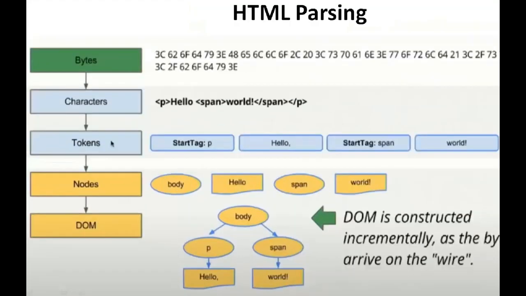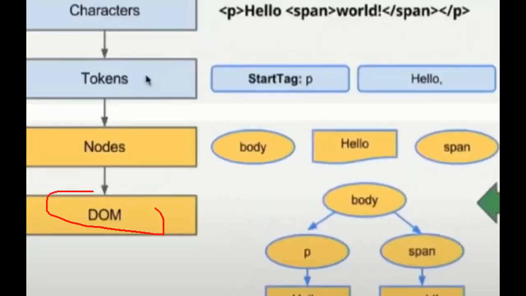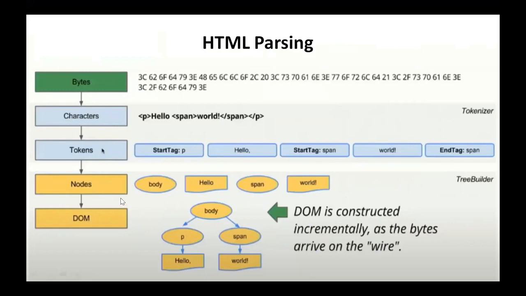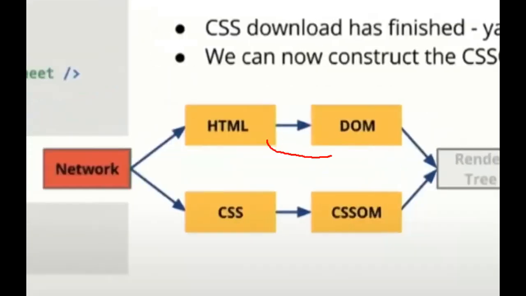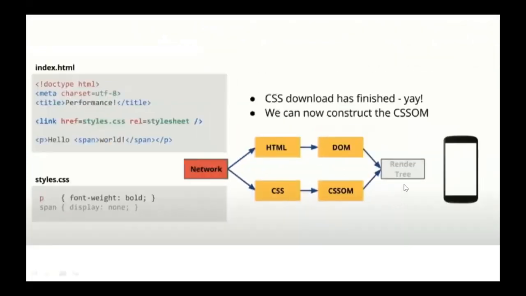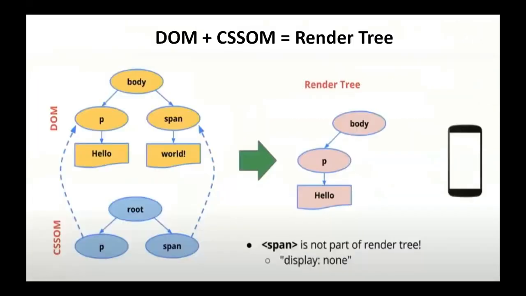From tokens, it is converted into nodes. Nodes are arranged into a hierarchy called the DOM. A DOM is constructed. And very important, I already told you, HTML will generate the DOM and CSS will generate the CSS object model. Finally, these are rendered.